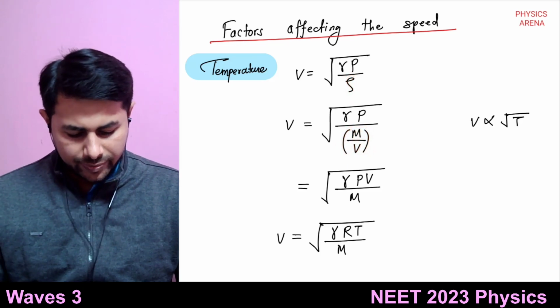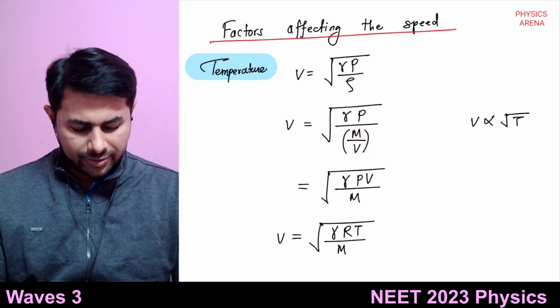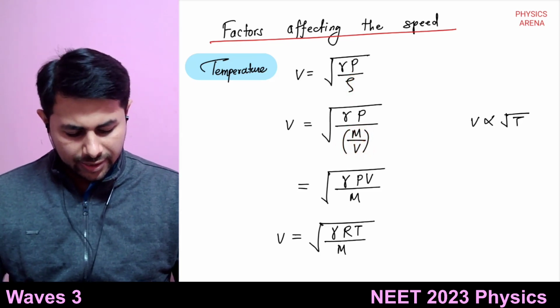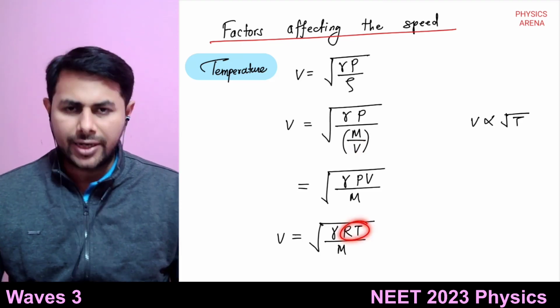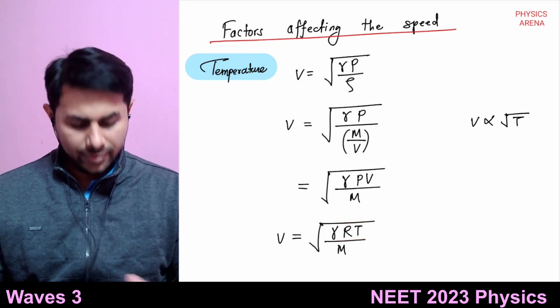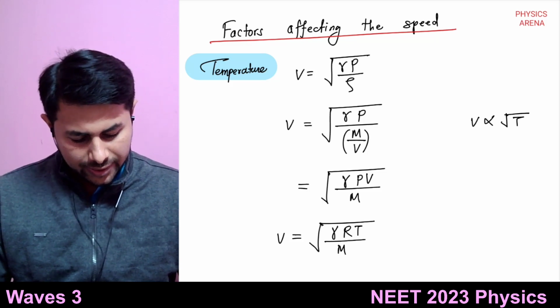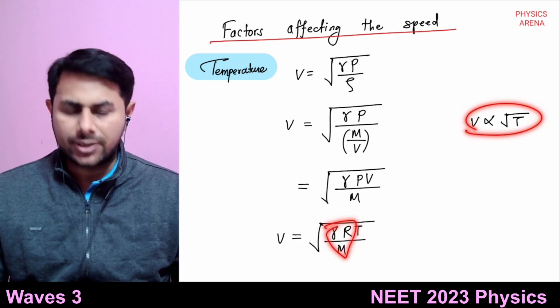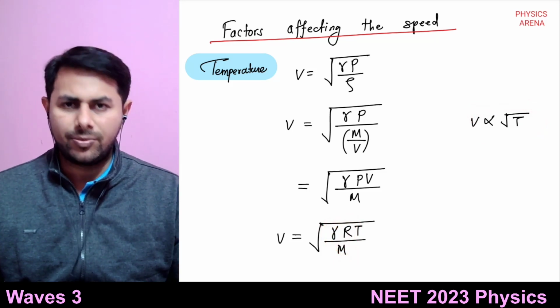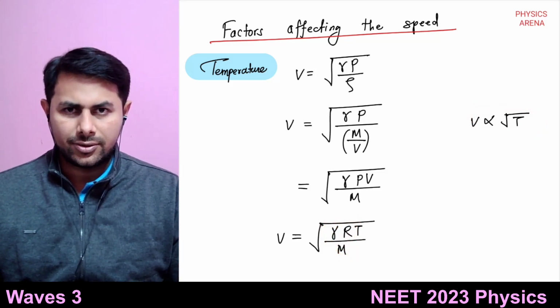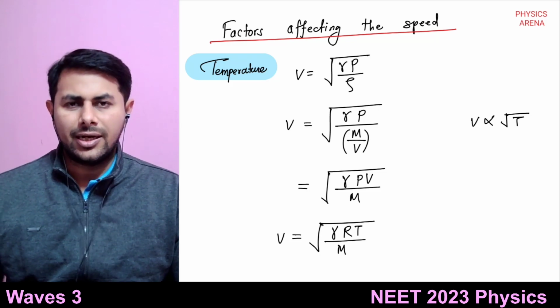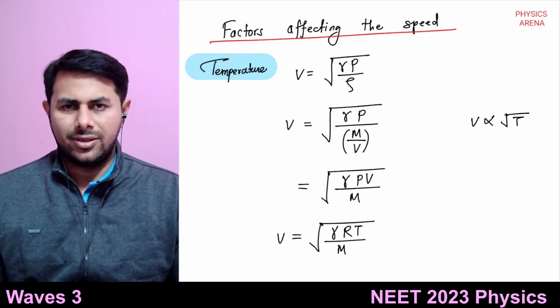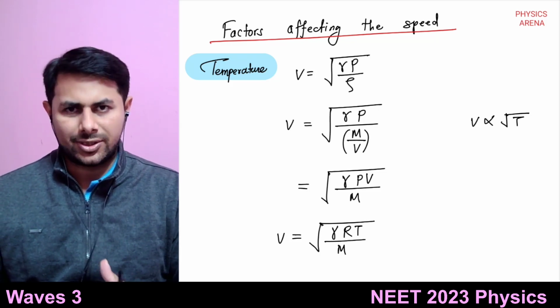If you take 1 mole, then it's molar mass divided by volume of 1 mole. Take that V in numerator, so you get RT, right? PV is equal to RT. So from there, all other things are constant, and V is directly proportional to square root of T. So if pressure changes and there is no change in temperature, the speed will remain constant.